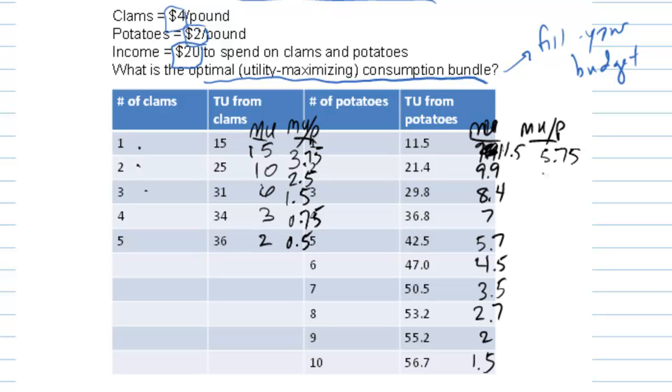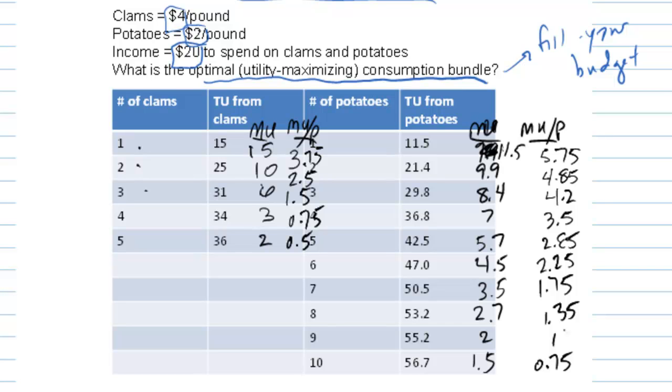We get 4.95, 4.2, 3.5, 2.85, 2.25, 1.75, 1.35, 1, and 0.75.